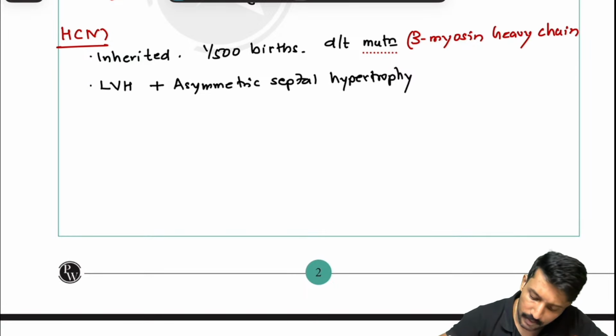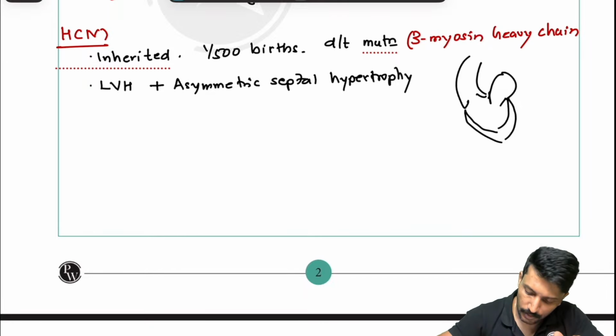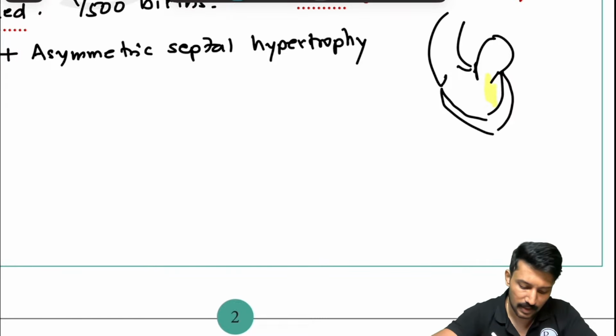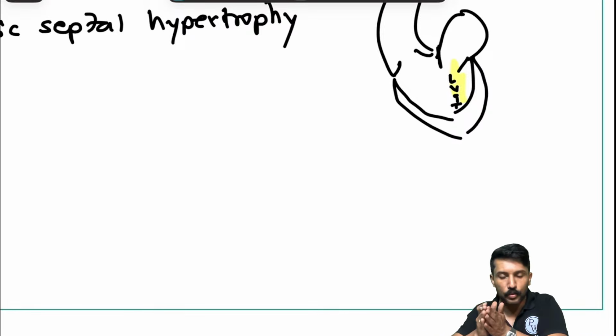Let us say this is the left side of the heart that we are looking at, and this is the left ventricle, this is the aorta, this is the left atrium. The area of the ventricle where the blood moves from the atrium into the ventricle is called the left ventricular inflow tract, because blood comes into the LV through this.